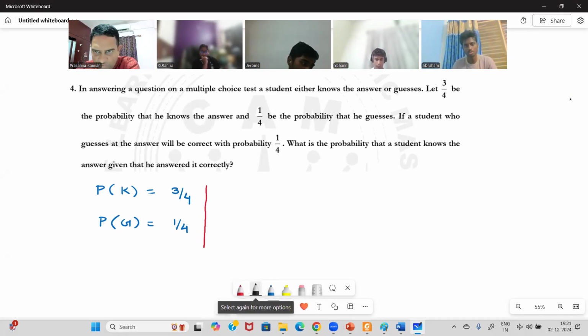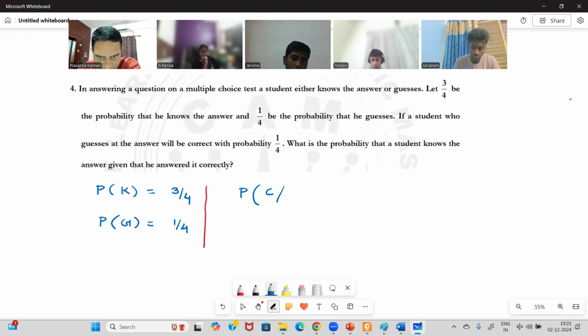Okay, now let's move further in the question. A student who guesses at an answer will be correct with probability 1 by 4, which means what? The probability that the answer is correct, given that he guesses the answer. What is it going to be? 1 by 4, sir. Correct.